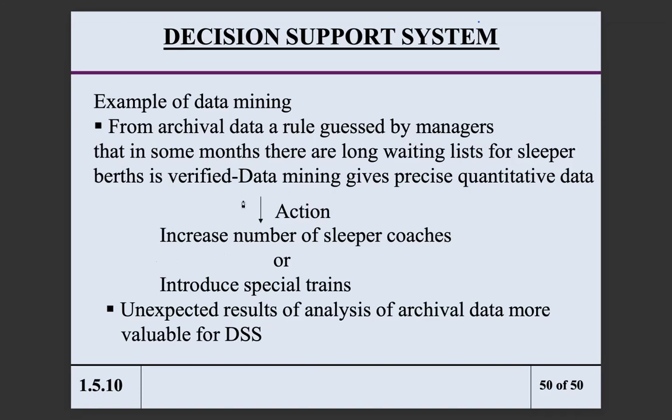As per the findings, we can increase the number of sleeper coaches or introduce special trains as well. So we have to have a thorough idea about data mining and decision support systems. Unexpected results of analysis of archival data are more valuable for decision support systems.